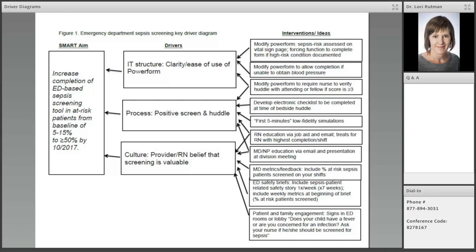So all of these different interventions and ideas were things that were considered. Many of them were tried and tested, but not all. And it was, again, done in a very iterative way with a PDSA cycle ramp where each time we tweaked one thing or another and wanted to see how we were doing in terms of our outcome of screening.